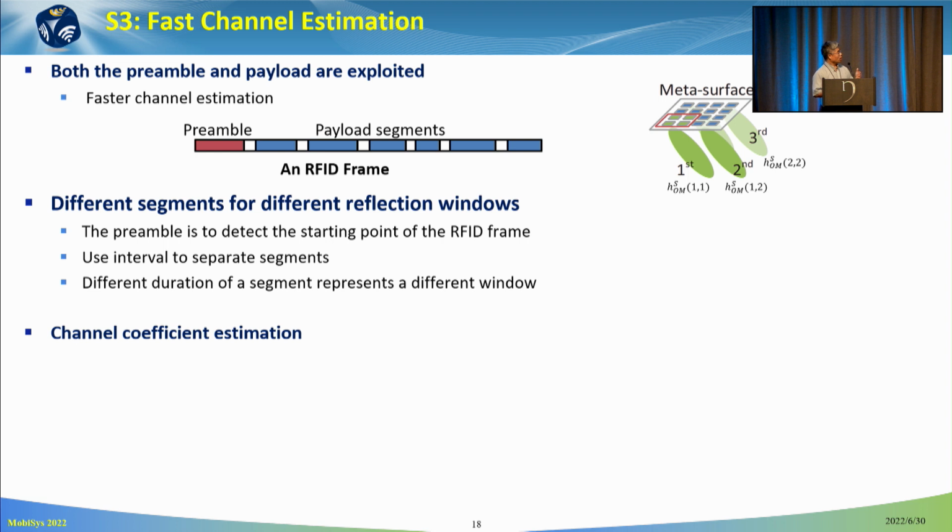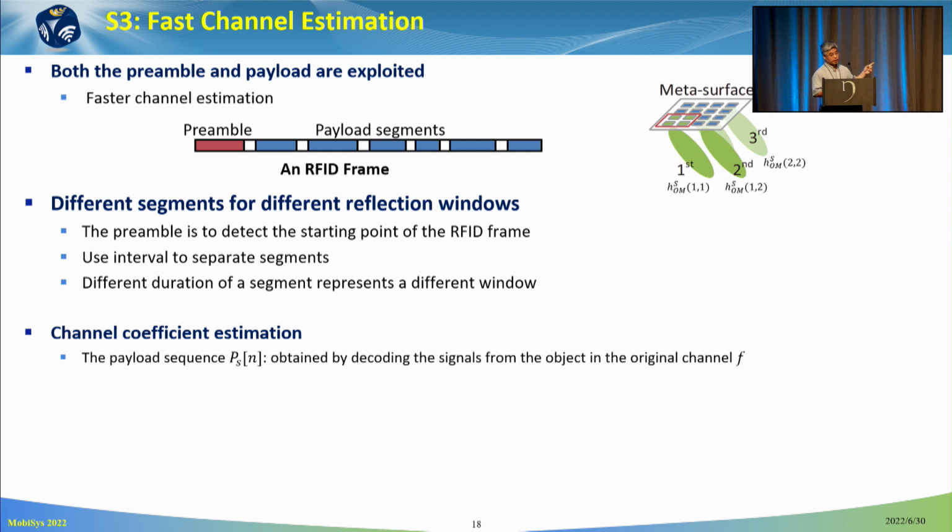So now, how can we detect the channel coefficient? First of all, we utilize the capability of the Metasurface because it can modulate the frequency, right? But the reader can still receive the signal from the original channel. So we identify the original signal sequence. Here we use PN to represent it, okay?